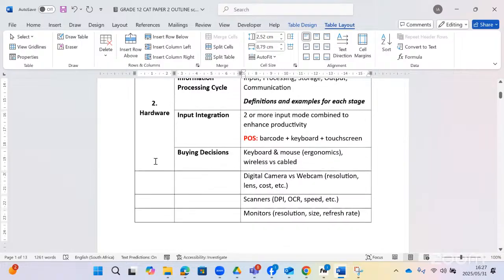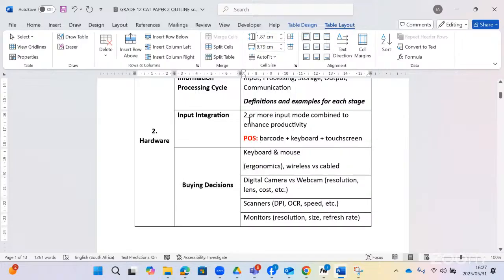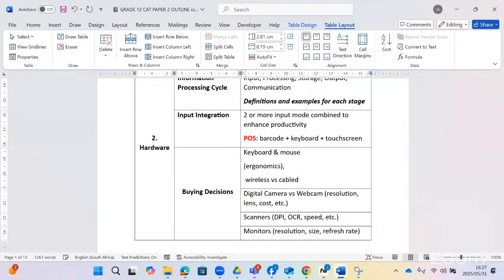Then still under hardware, you need to know about making buying decisions. Now, when you are making buying decisions, we have different devices, like the keyboard and mouse. When you are buying a keyboard and mouse, what are some of the factors you must consider? For instance, you need to consider the ergonomics. You need to also consider whether it's wireless or cable.